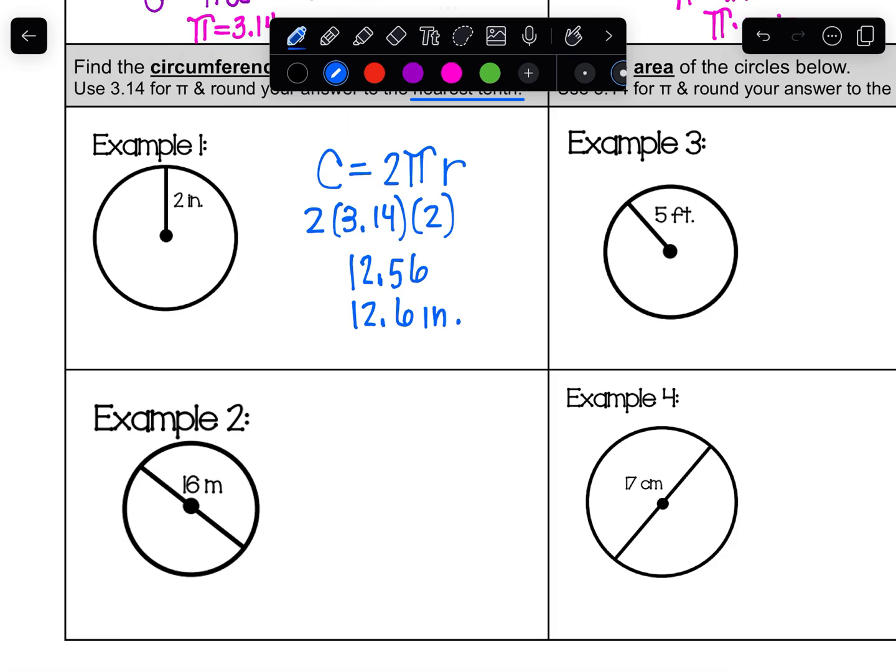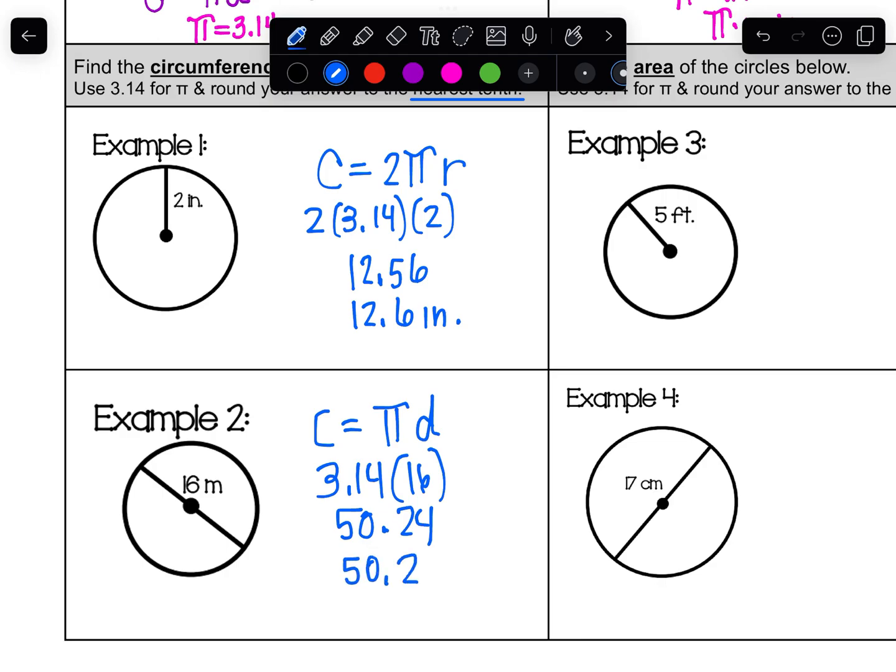Looking at example 2, I can see that this has a diameter, so circumference equals pi times diameter. Pi again is 3.14. Our diameter is 16, so this is just direct multiplication. I get 50.24. Rounded to the nearest tenth is 50.2 meters.